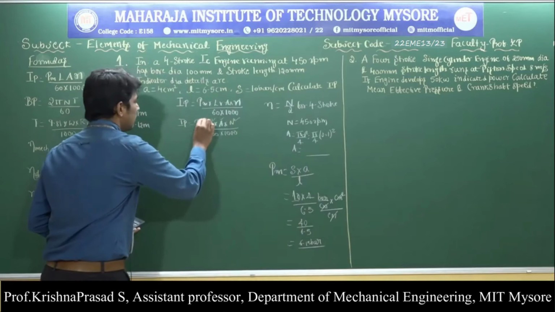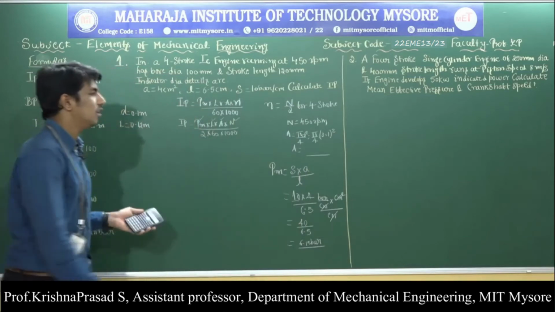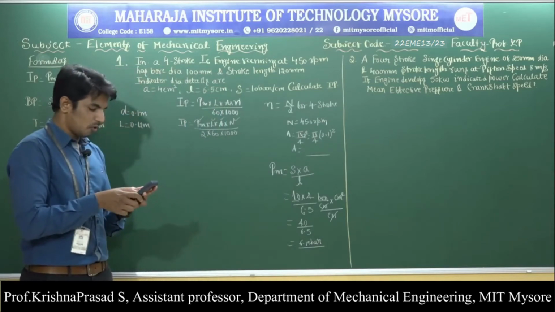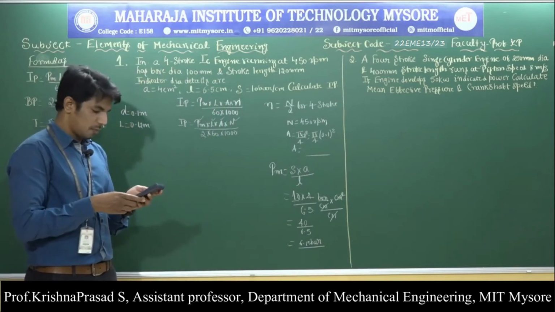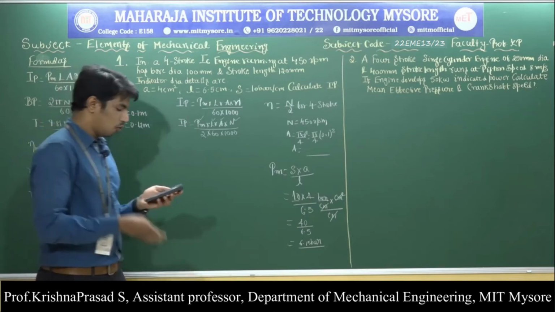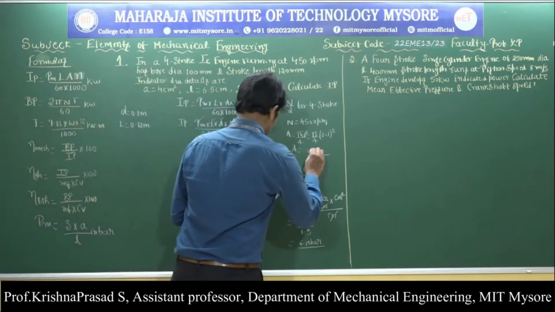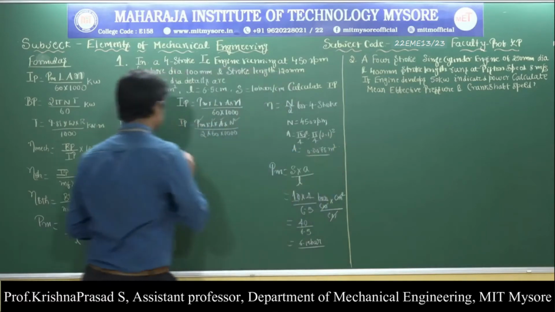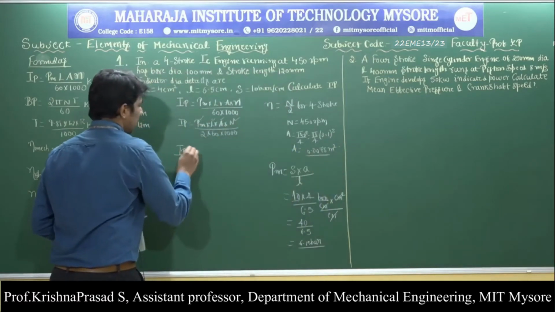Okay, now we already know what PM is, so substitute the values, but calculate the area here, that is 0.1 square into pi divided by 4, that is 0.0078 meter square. Substitute here and calculate the IP.